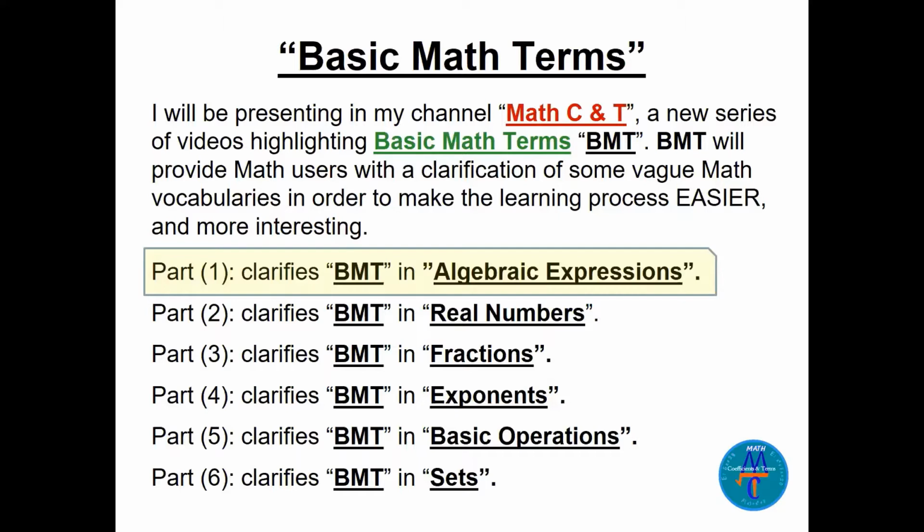I will start in this video, part 1, as you can see on the slide. Part 1 will deal with algebraic expressions, some words that are related to this topic. See, this is highlighted. Part 2 will be another video dealing with real numbers, etc. Part 3 will be in fractions.